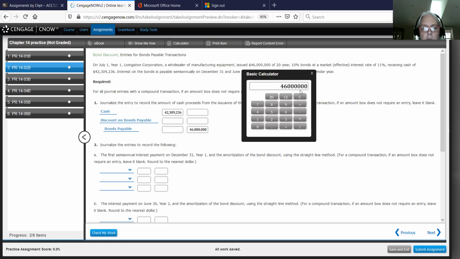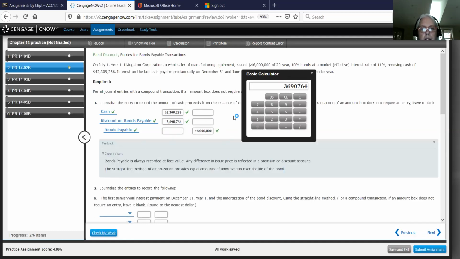So I'd take the 46 million, I would subtract out the cash that I received from that, and it's going to leave me with 3,690,764. This entry I've recorded on your spreadsheet.